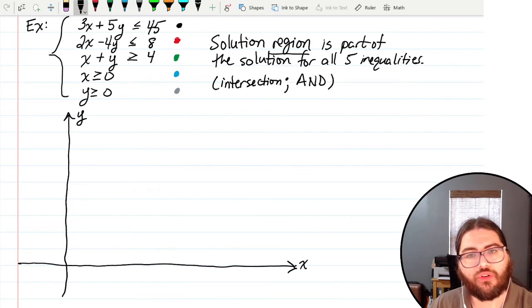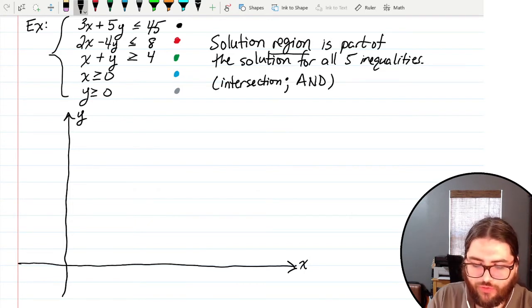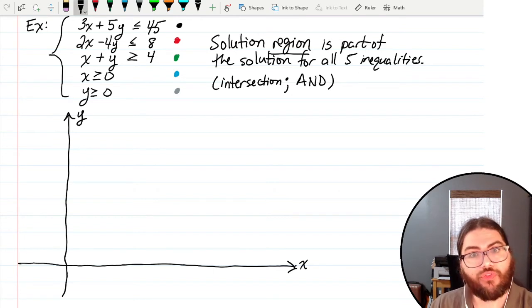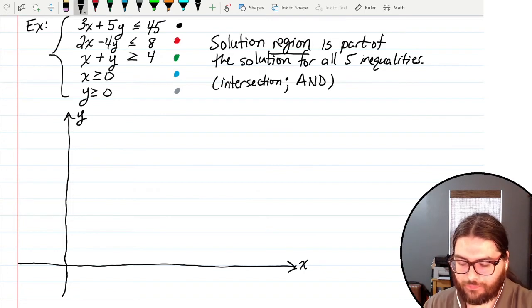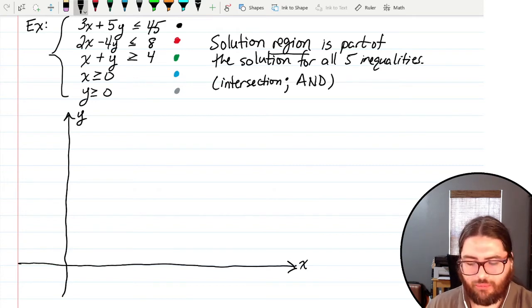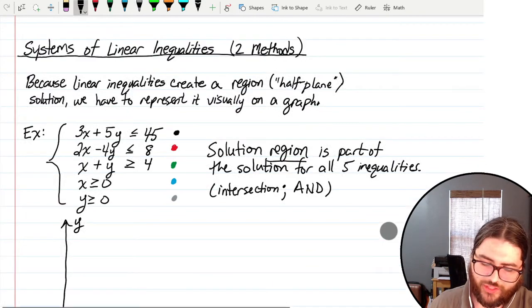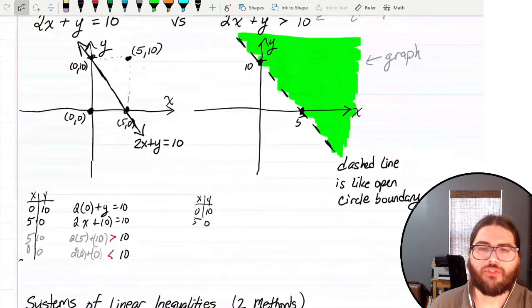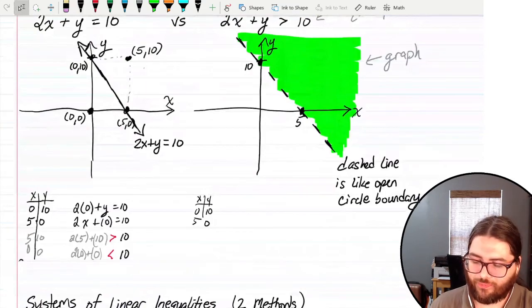I'm looking for something in the region which solves the first inequality and the second inequality and the third and the fourth and the fifth, all at the same time. So how am I going to find that? Because if I have to draw 5 regions and 5 different shaded parts of this graph, I'm going to have a really bad time really fast.